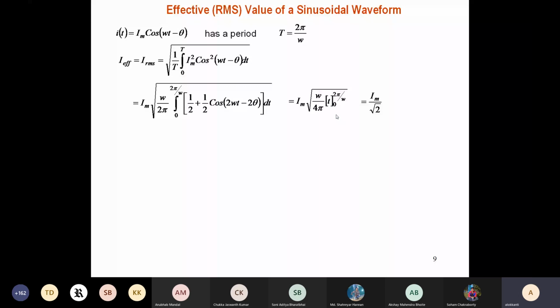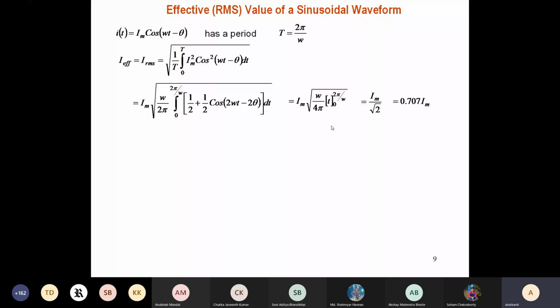If you have a calculator, just find out the value of 1 by root 2. It is 0.707. This is a very favorite value. 1 by root 2 is 0.707 Im. So you see the effective value.